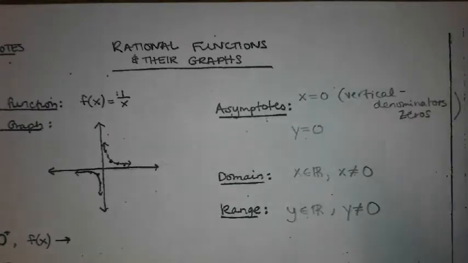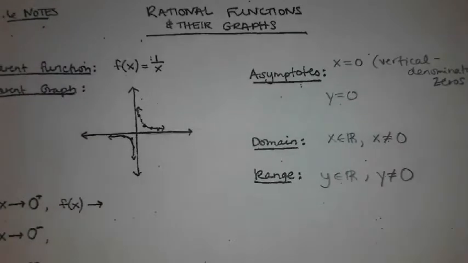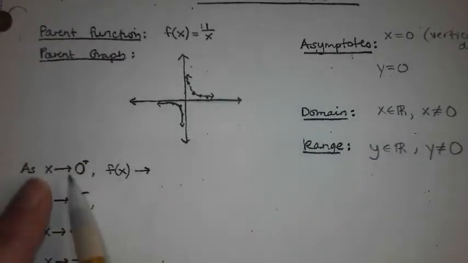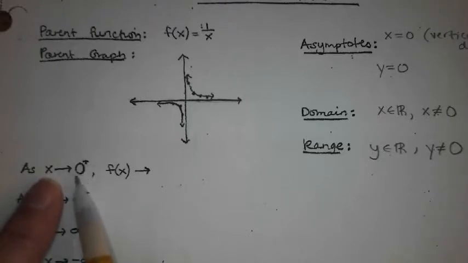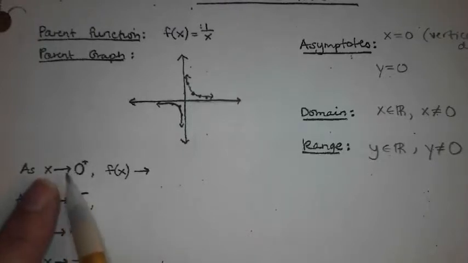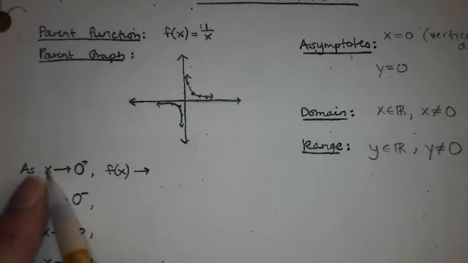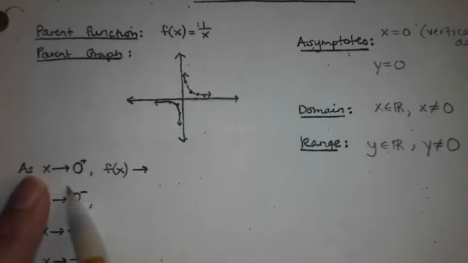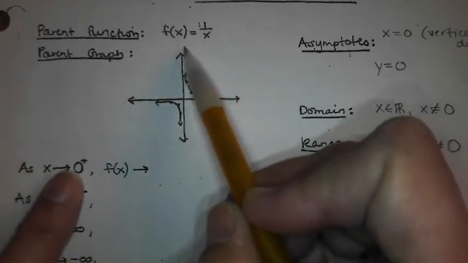And then our end behavior of rational graphs we'll talk about a lot. This is a notation that we're going to get more and more into, but normally you would say as x approaches 0. Does anybody know what this little superscript of a plus sign means? Not to the right, really, but from the right. As x approaches 0 from the right-hand side. So here's 0.